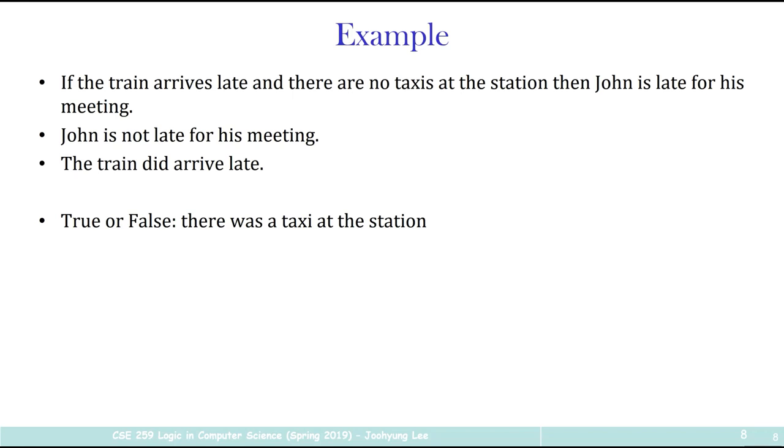Okay, are you done? Okay, so let's see. Interesting. So 76% said true, 24% said false.